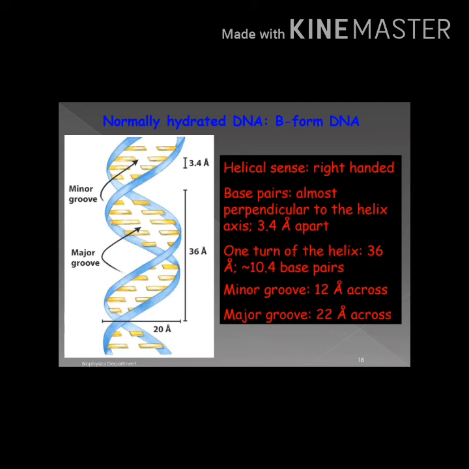Due to this conformation, basically two grooves are formed in the DNA structure, where a minor groove with very little space forms between wrapping, and a major groove where a large space is formed due to wrapping.